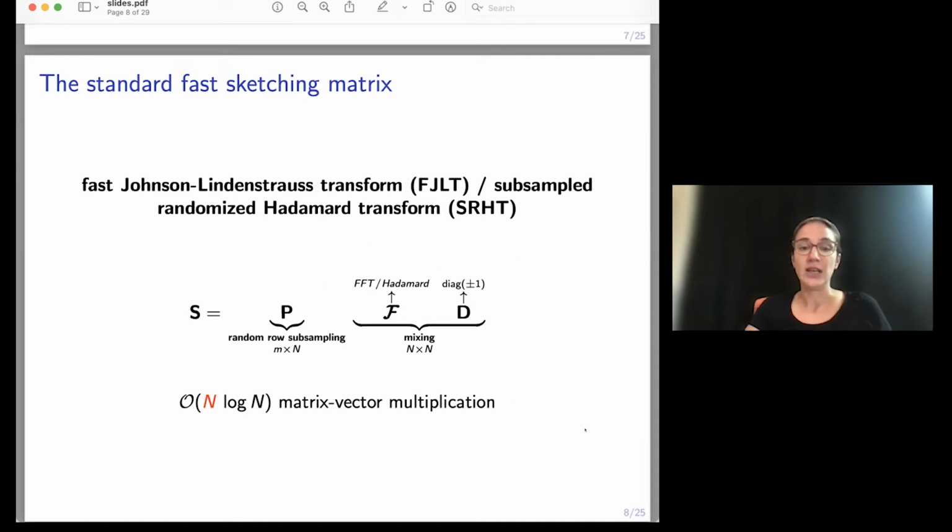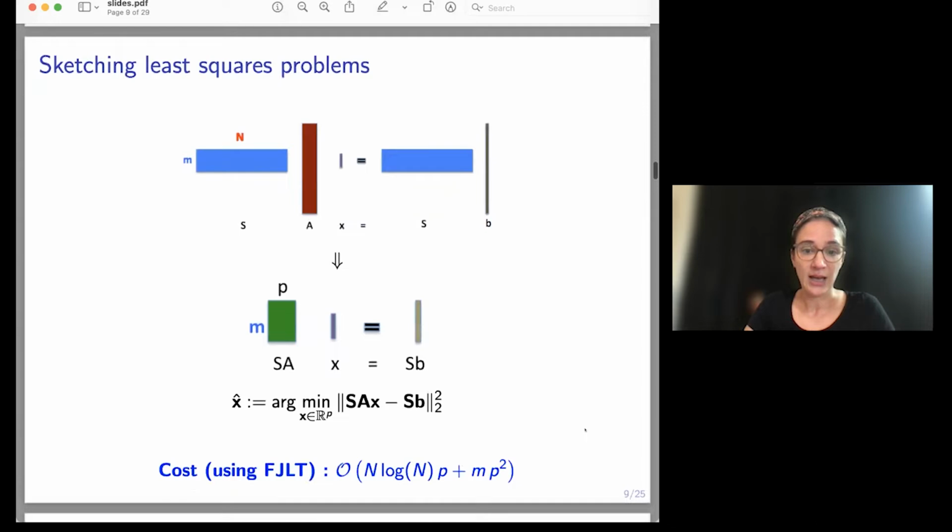So it's fast, and it serves as a good enough approximation to the optimal Gaussian sketching matrix. It's a pseudo-random matrix that has fast multiplication. The total cost of solving the sketched least squares problem scales favorably to the cost of solving the full least squares problem.